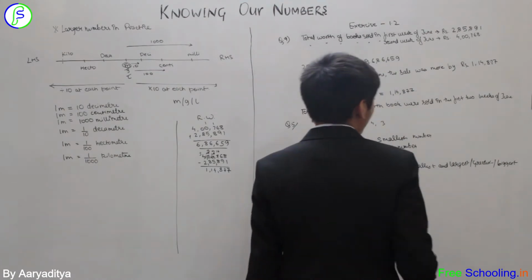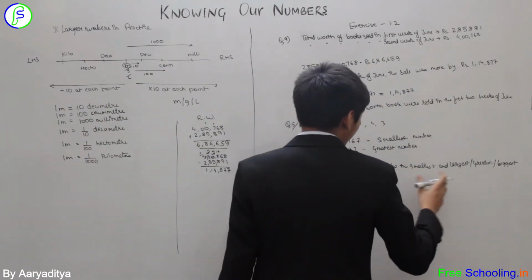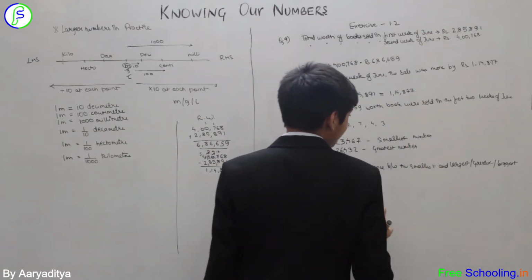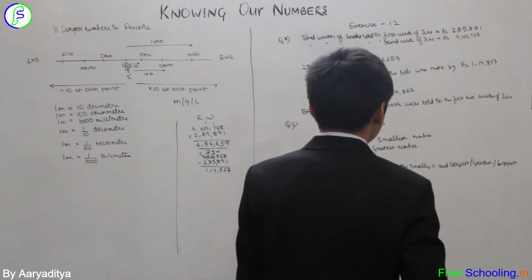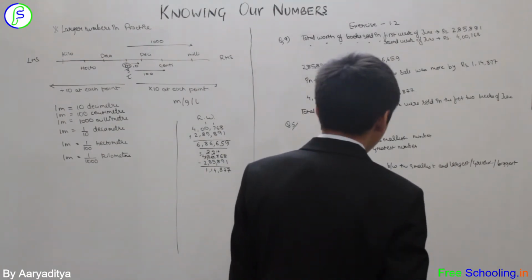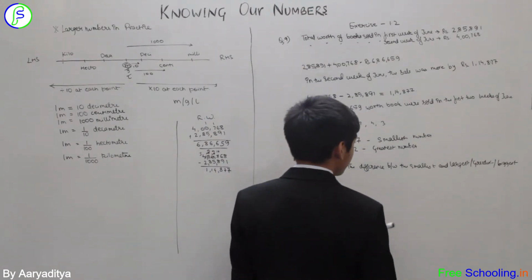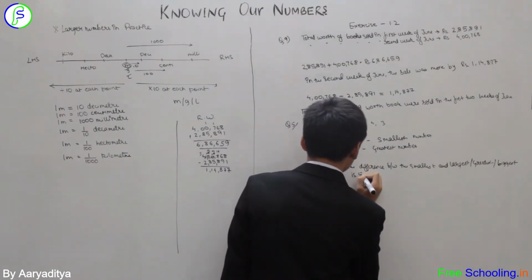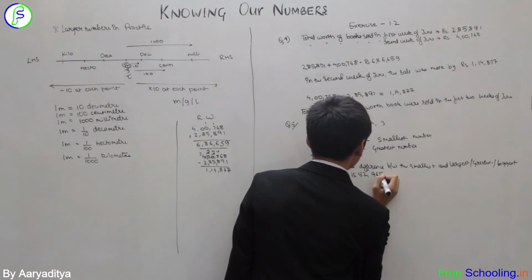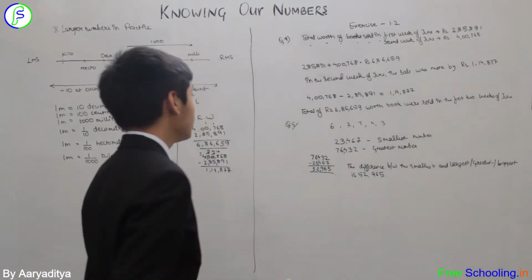You can similarly say smallest, least, or whatever else. So the difference between these is 52,965. So this is the answer to the question.